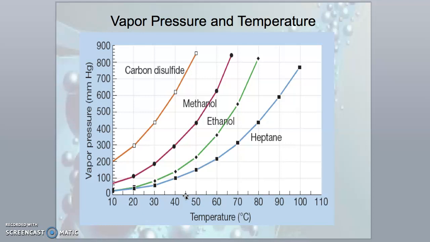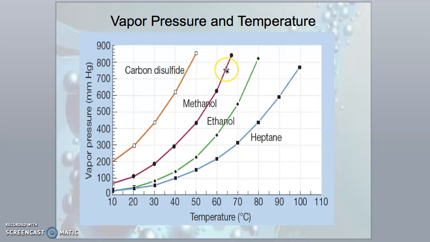So back to that definition, when the vapor pressure reaches the atmospheric pressure, we boil. So regular atmospheric pressure, 760 millimeters mercury, and at 45 degrees Celsius, we're there for the carbon disulfide.